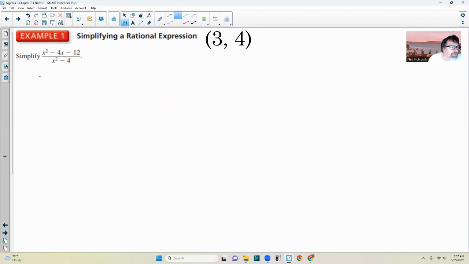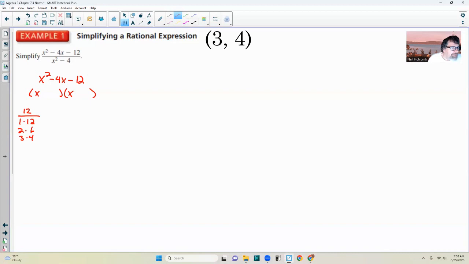So if I simplify these, x squared minus 4x minus 12 would become x times something, and x over here, it's a zero product property, and factors of 12 that add up to 4. I'm just going to do this 12 one time. 12 is 1 times 12, or 2 times 6, or 3 times 4.